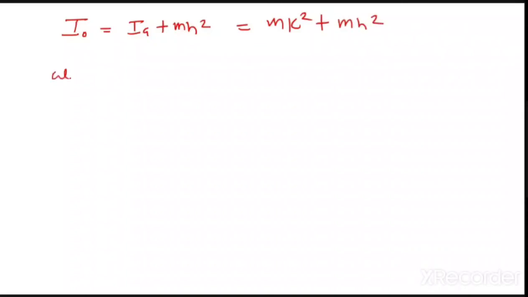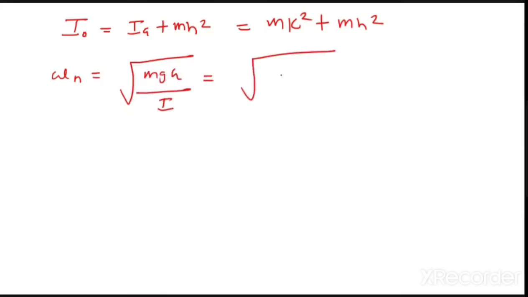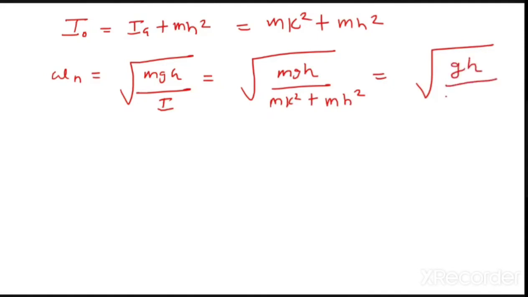Now what is omega n? Omega n is the square root of mgh upon I. So I am getting mgh upon mk square plus mh square. Finally, omega n is the square root of, m gets cancelled, gh upon k square plus h square.